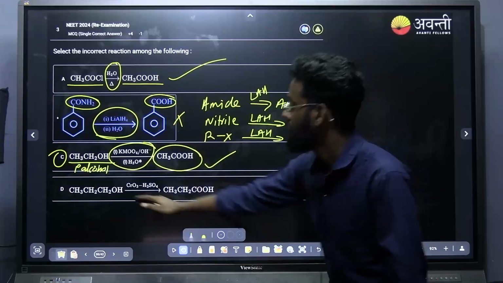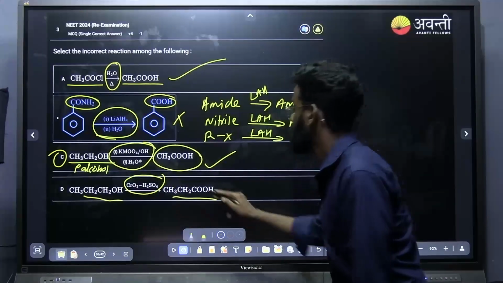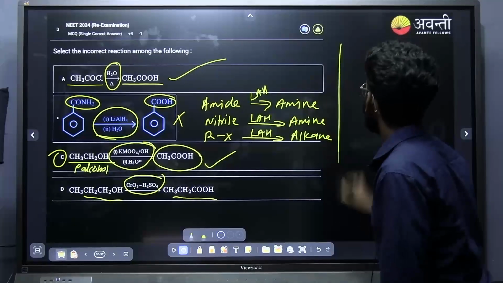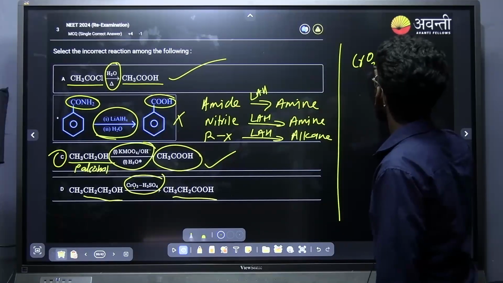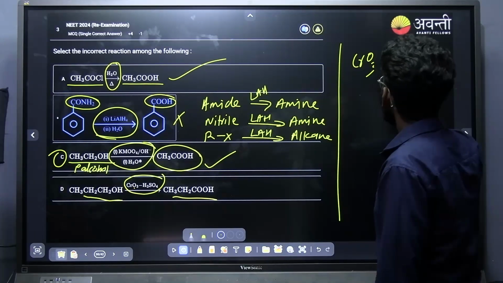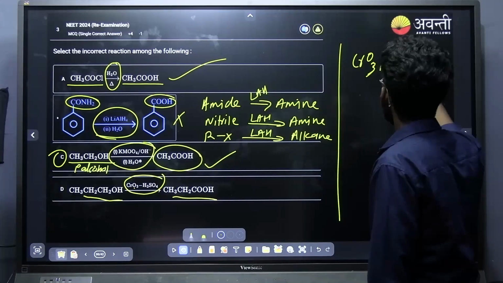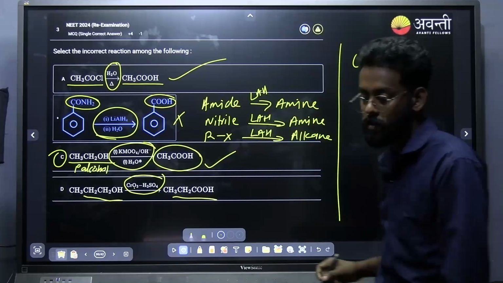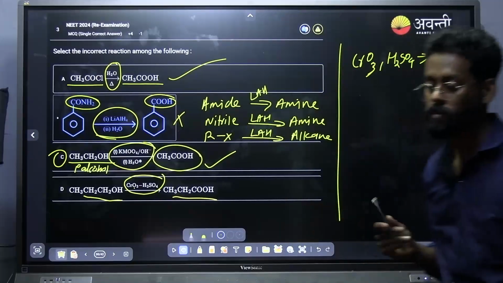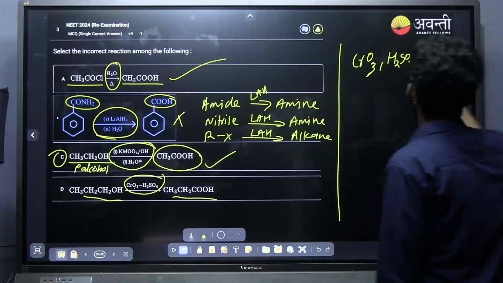What about the last one? Alcohol is converting into acid. Is it correct? What is this? CrO3 in presence of H2SO4. What is the name of this reagent? Jones reagent. Very good.